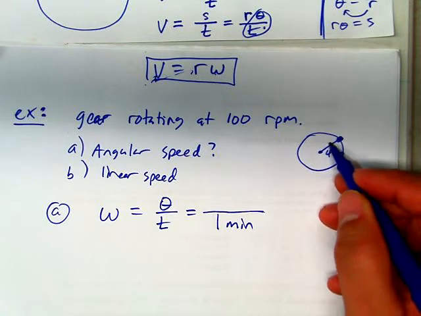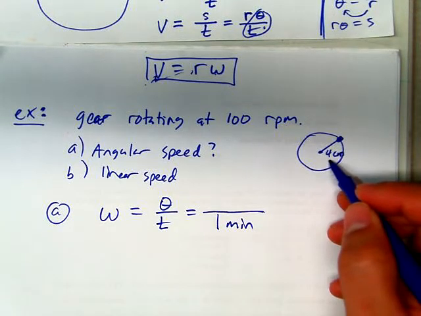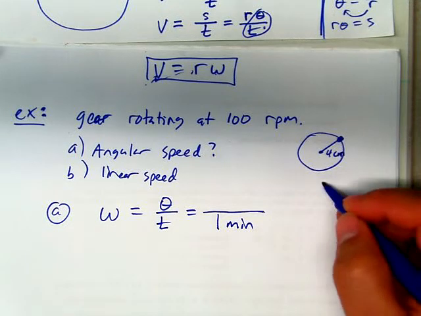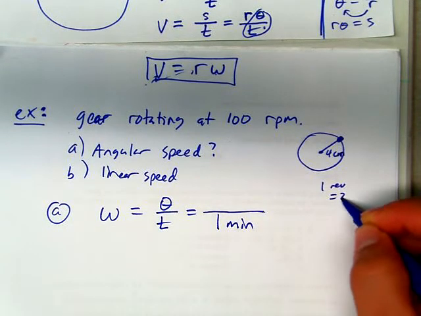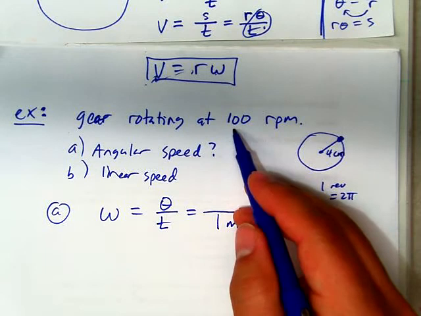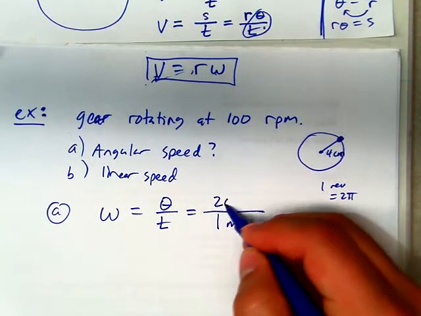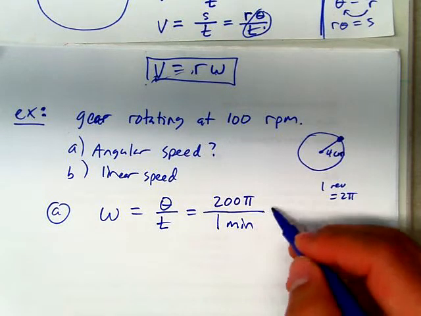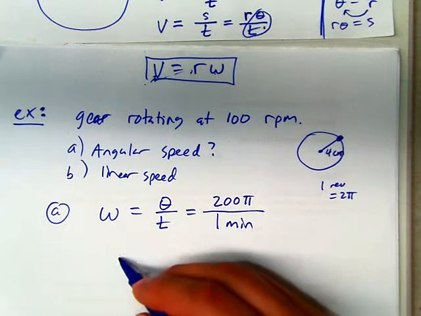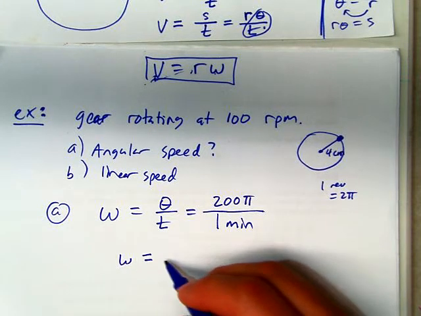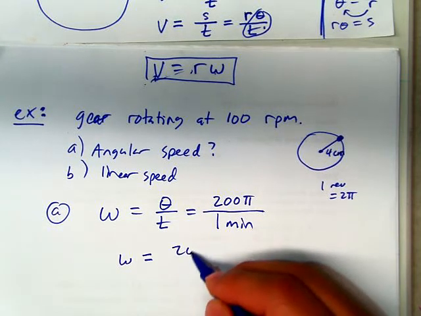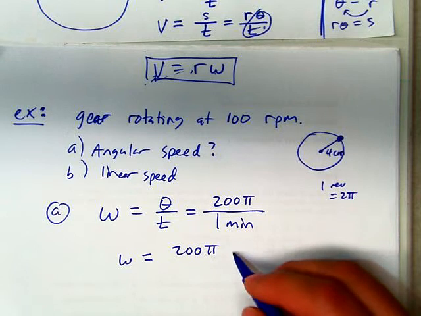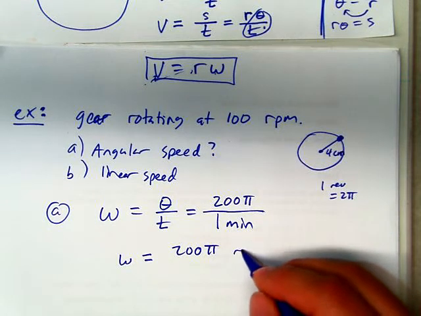If I rotate 1 time around the circle, that's 2 pi radians. Okay? So 1 revolution is the same as 2 pi. If I'm doing 100 revolutions, well, then I've really done 200 pi radians in 1 minute. Okay, so that's actually your angular speed. Done. 200 pi radians per minute.